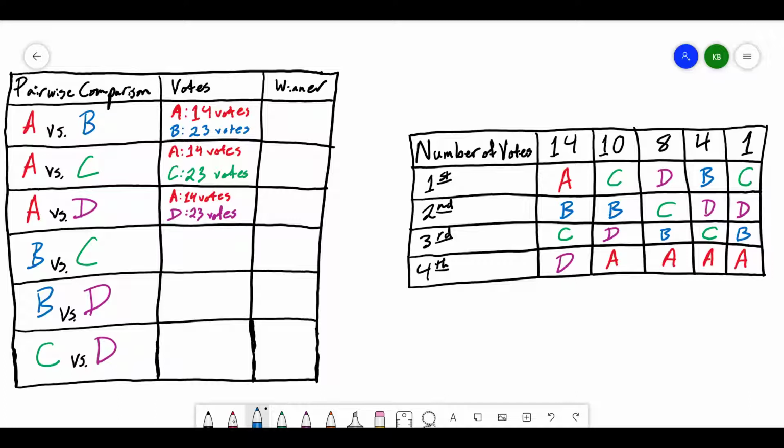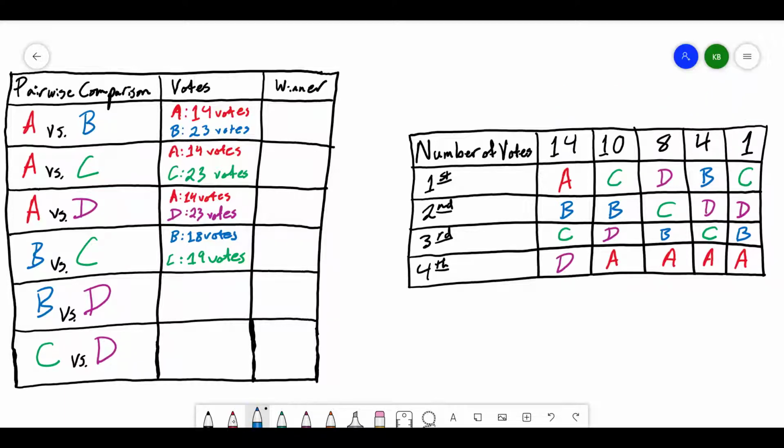Now I'm going to look at B versus C. B falls ahead of C in the first column, not in the second or the third, but in the fourth column it does. So B gets 14 plus 4, or 18 votes. Meanwhile, C falls ahead in the 10, 8, and 1 columns, so C has 19 votes.